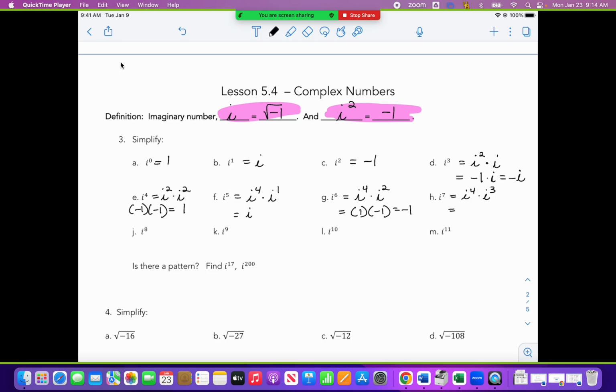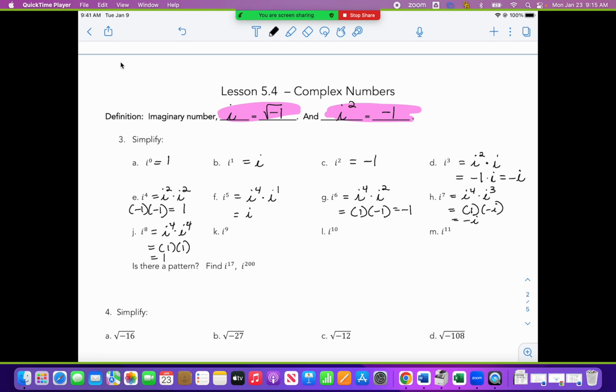So Avery, looking back at letter E, what's I to the fourth? 1. And then looking right above it, what's I cubed? Negative I. Then I to the eighth is I to the fourth times I to the fourth. So that's 1.